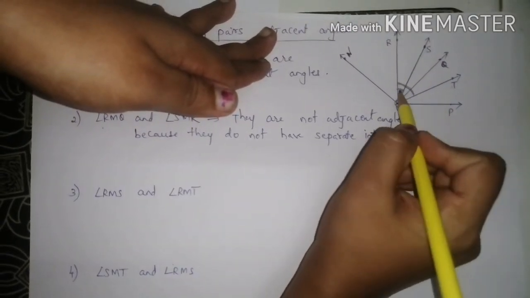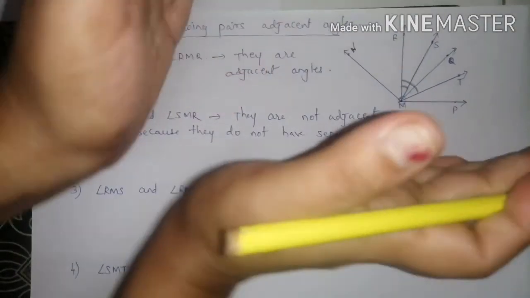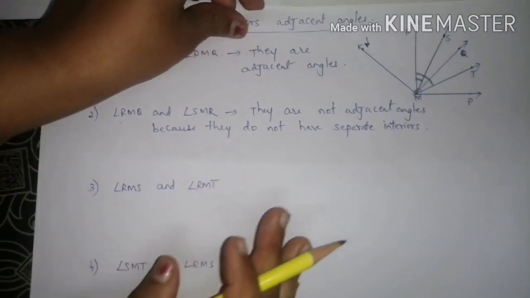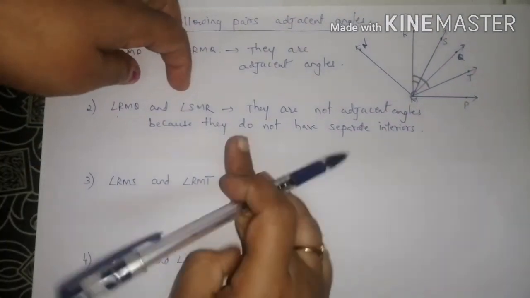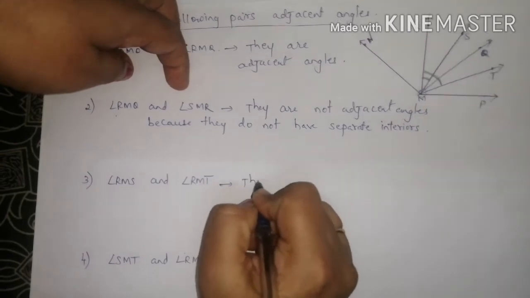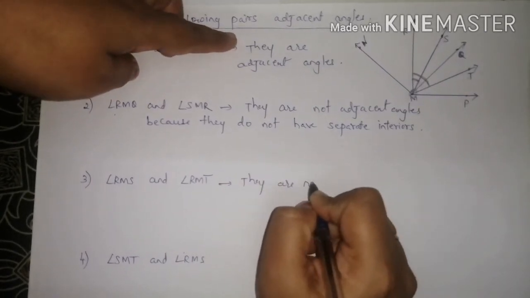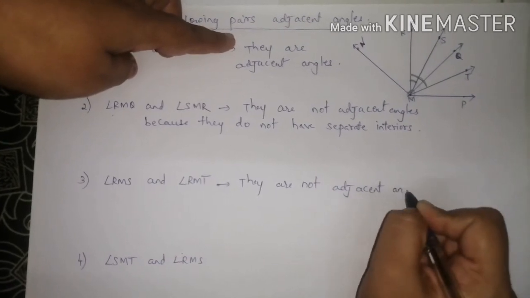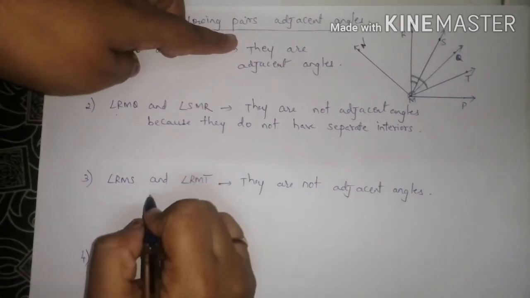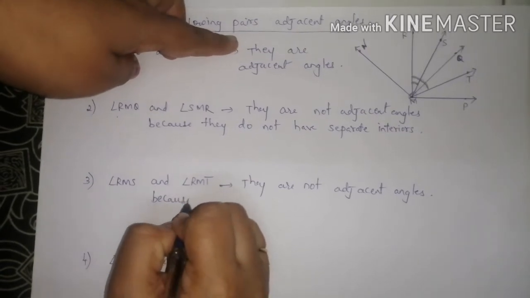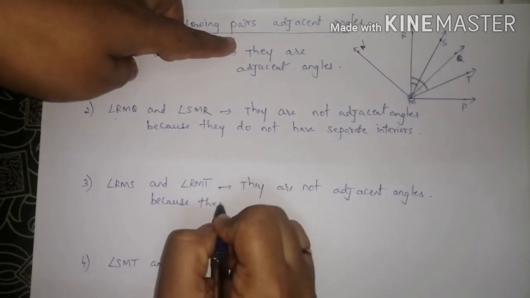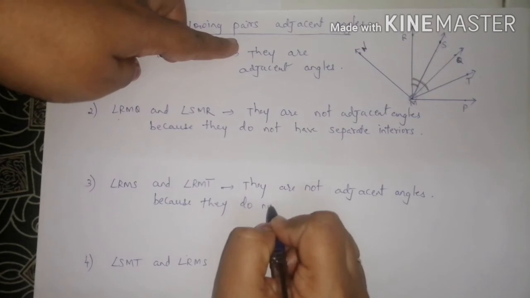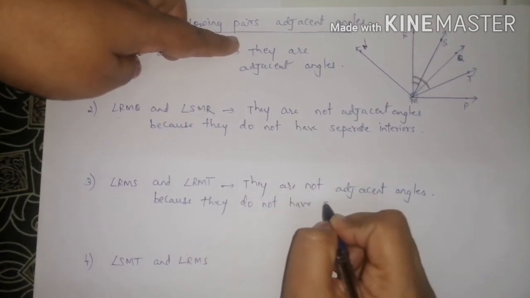One is bigger and the smaller angle is coming inside it. So for the same reason, they are not adjacent angles, because they do not have separate interiors.